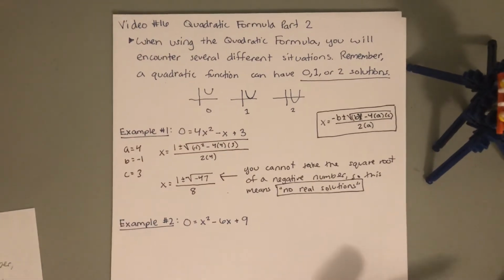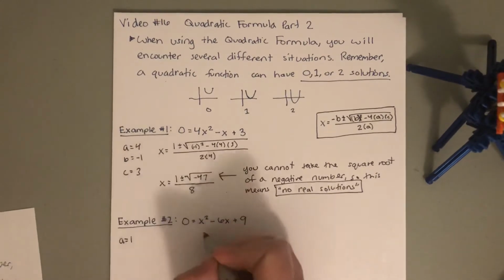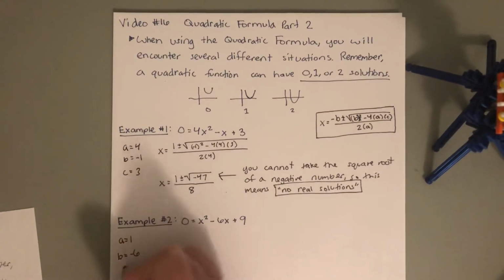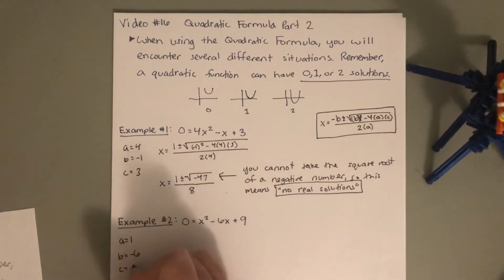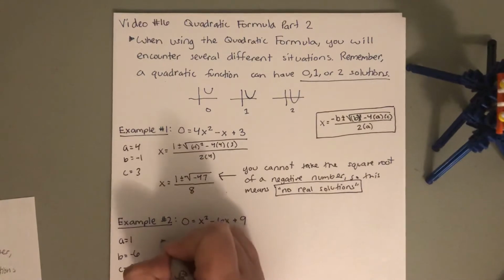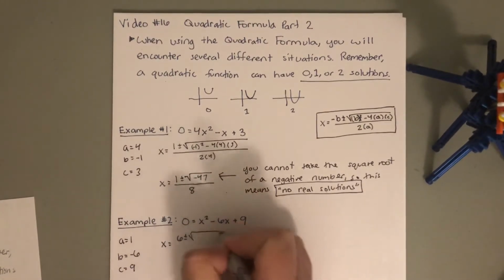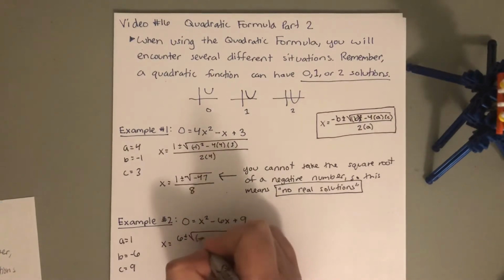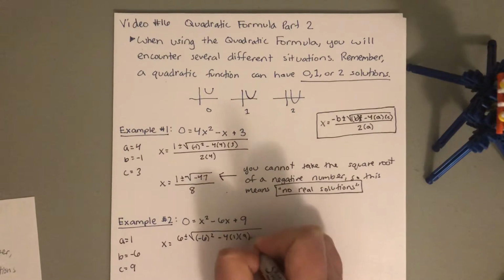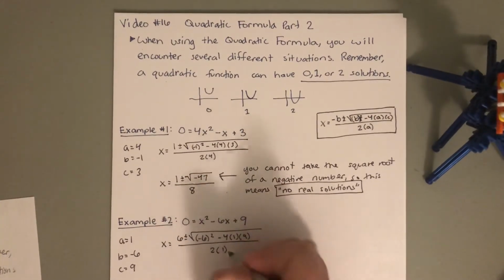Now let's look at example 2. In this example, A is going to be 1 because there's no coefficient. B is -6. C is 9. So we have x equals the opposite of b plus or minus the square root of b squared minus 4ac, all over 2a.